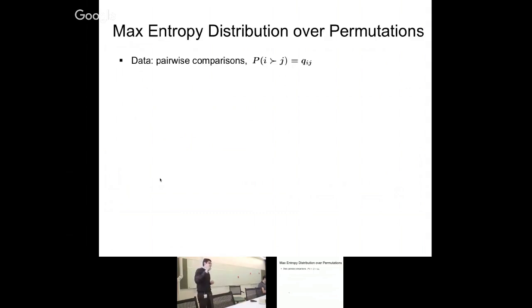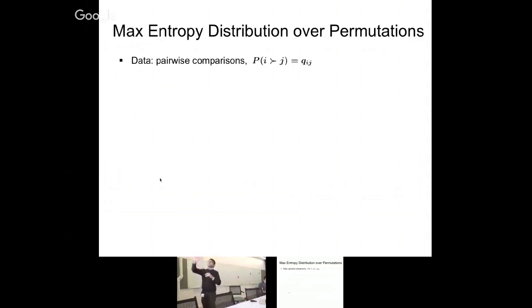I want to go back to something that I started with, and this is where we actually started this journey of thinking about mixture of Mallows: a non-parametric approach and the max entropy distribution over permutations.